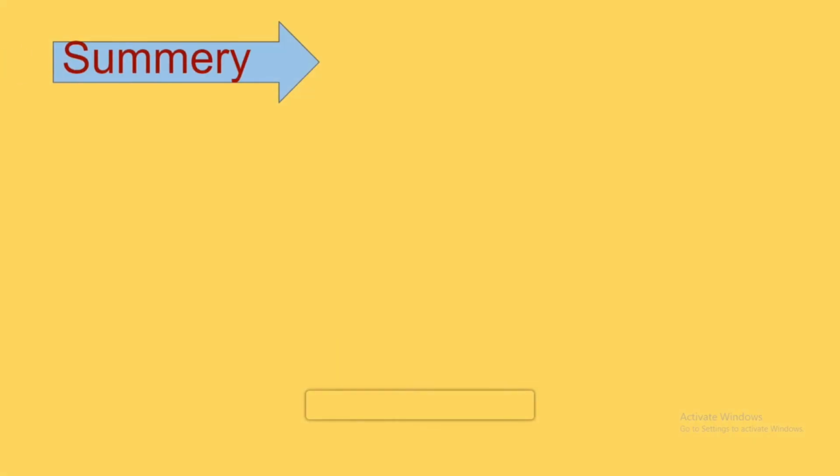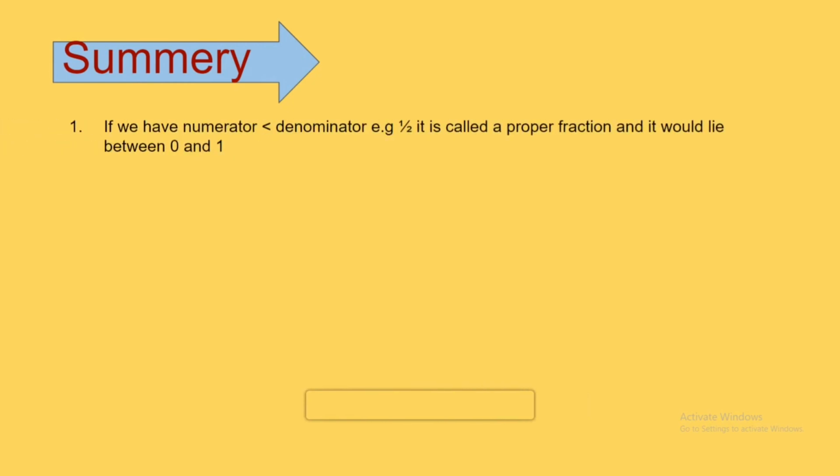Now, let us revise the topic. First thing to keep in mind: if we have numerator less than denominator, for example 1 by 2, it is called a proper fraction and it would lie between 0 and 1. If we have numerator greater than denominator, we call it an improper fraction.